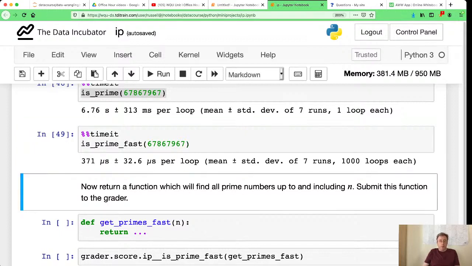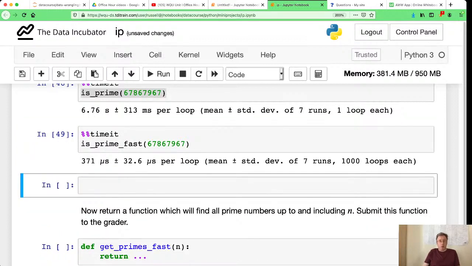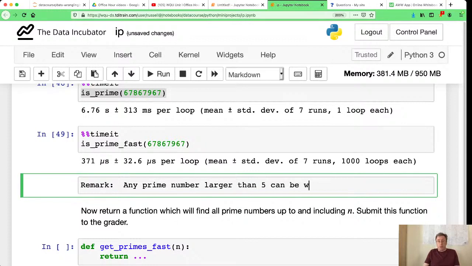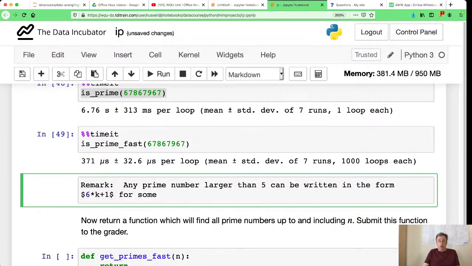Let me make a remark: any prime number larger than 5 can be written in the form 6k plus 1 for some k, or 6k plus 5 for some k.